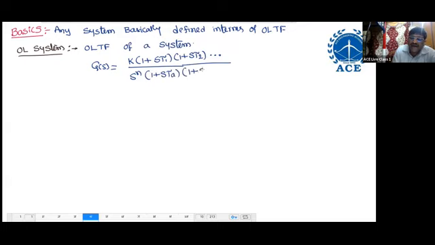It is the standard form of the mathematical model of an open loop system.